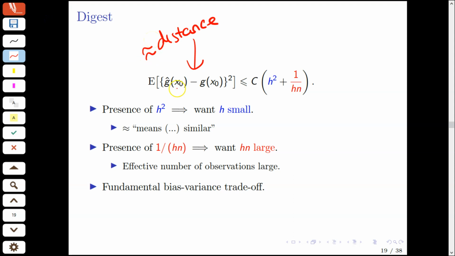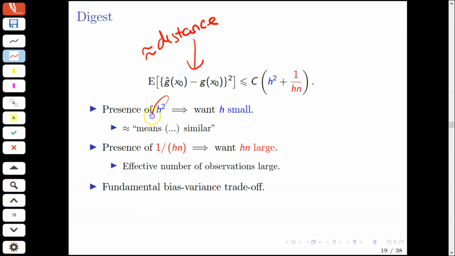Distance between what? Our estimator and our estimand. So we would like this distance between the two to be small. And what our mean squared error bound shows is that for this distance to be small, it suffices that both the square of the bandwidth is small and 1 over the product of the bandwidth and sample size is small.